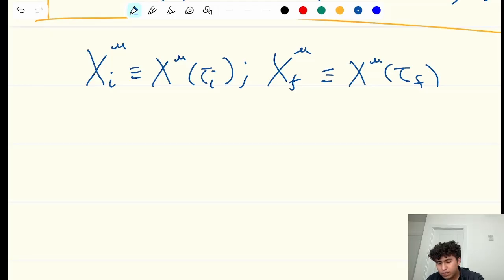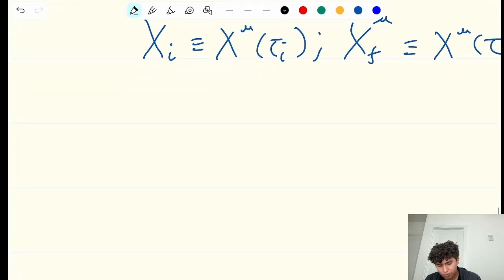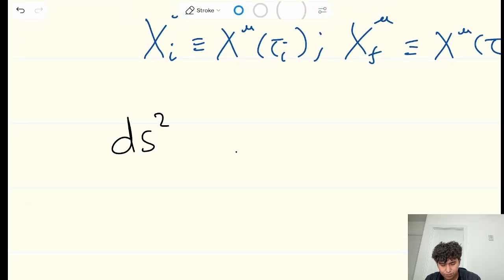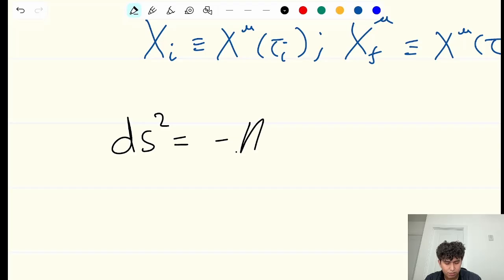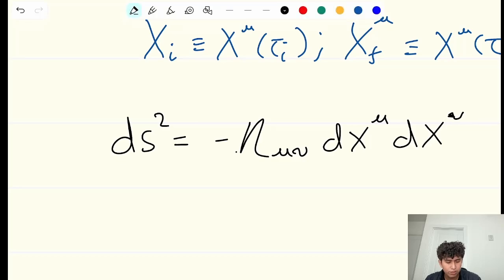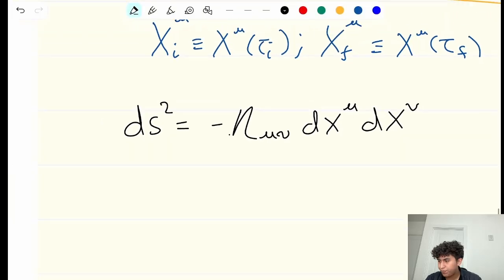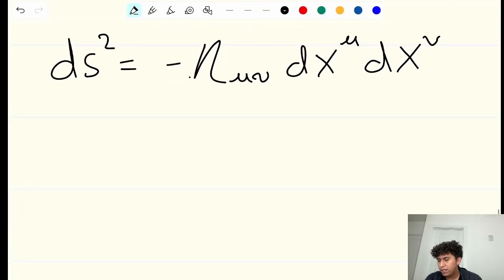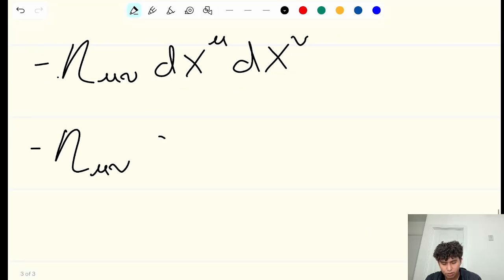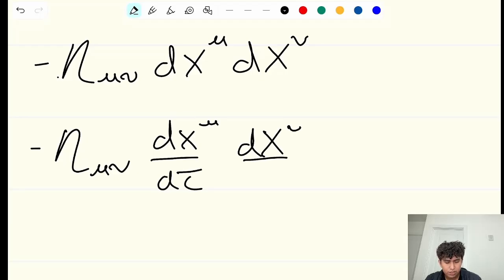First, let us re-express this. If you remember from our first lecture, we can write an invariant interval like this, dx mu dx nu. Here we're using index notation as usual. Then I'm going to do some physics math here. Let's say you divide and multiply by d tau. Here we're using tau as the proper time, or some parameterization. It doesn't have to be the proper time, but that's the most usual one.